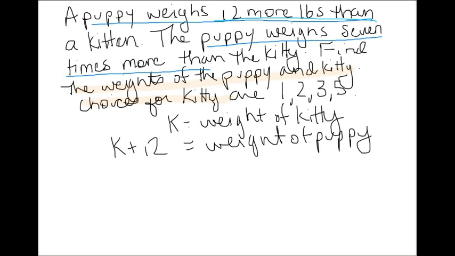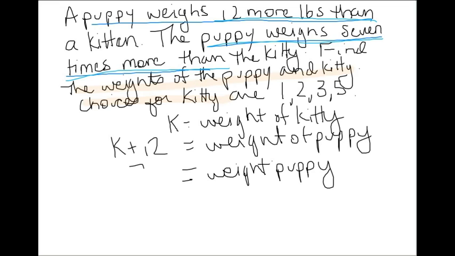But don't forget, I also have this one that's 7 times more than. So I can also say that the weight of the puppy is represented by 7 times the kitty. Well, that puppy's weight is the same no matter what, unless you feed him a lot. So you're going to have K plus 12 equals 7K.